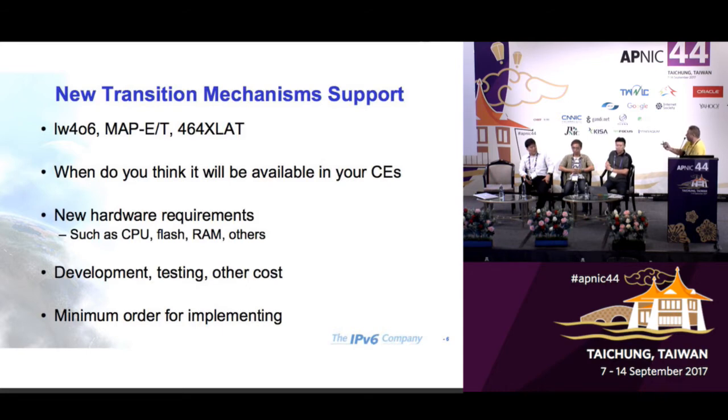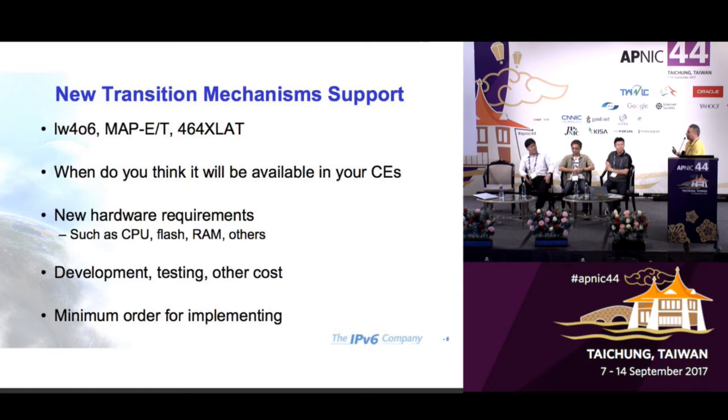I think you mentioned you can also support, on request, Lightweight 4over6, obviously, because you already implemented NAT, so it's easy. When do you think, in case you are not doing it already, those mechanisms will be available in your platforms? I guess the only one who doesn't need to respond here is Masanobu.